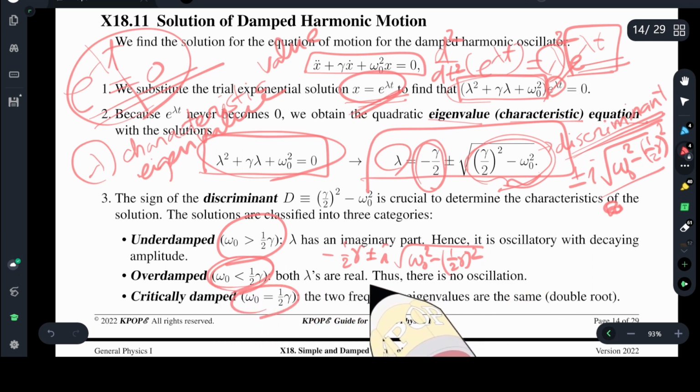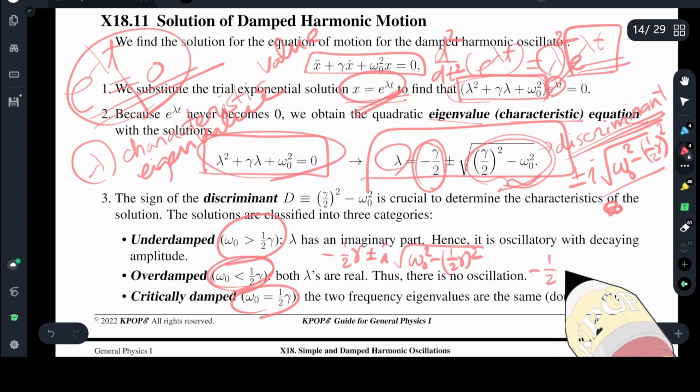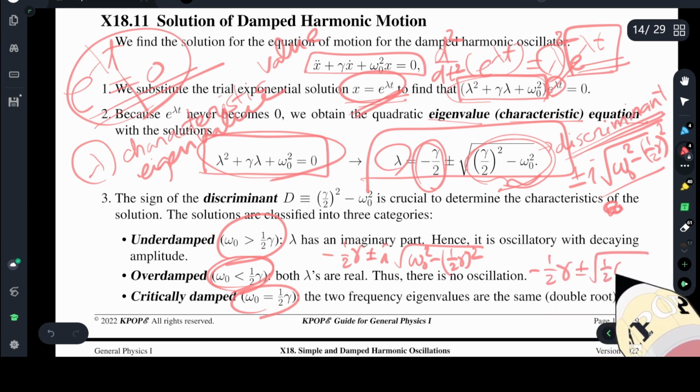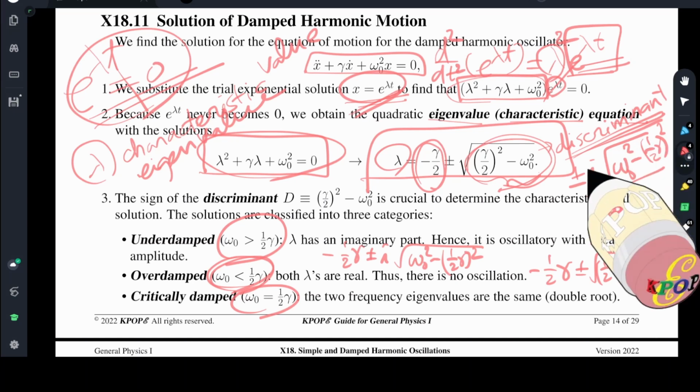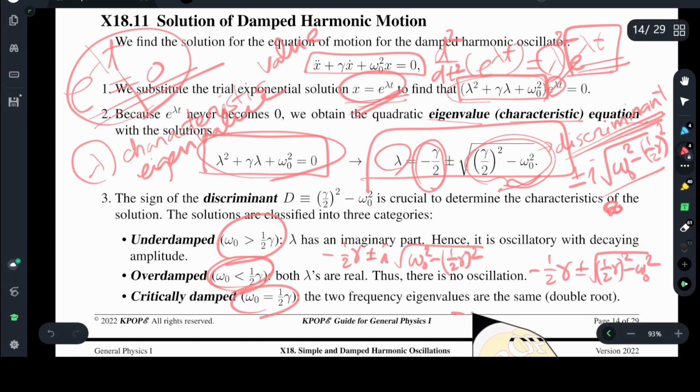If it is positive, your answer is plus or minus this. If the discriminant vanishes, your answer is only this, the double root.